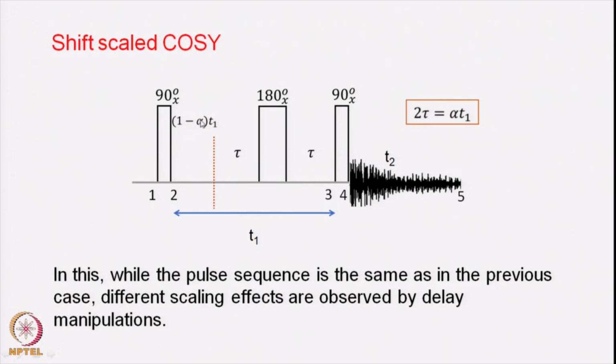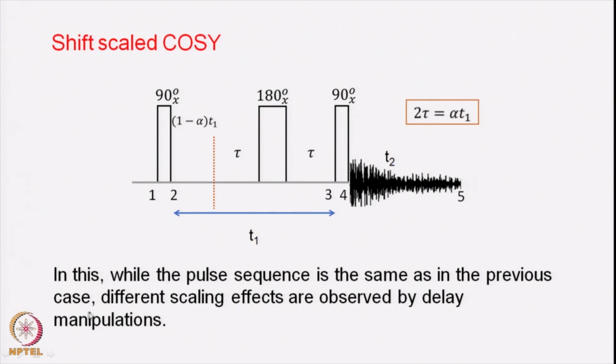Therefore, the chemical shifts will now evolve only for this period from here to here, and that is T1 minus alpha T1, that is 1 minus alpha into T1, and the coupling constants will evolve for the whole period T1, whereas the chemical shifts will evolve for the period 1 minus alpha T1. Okay. So, the pulse sequence is the same. We have just played around with the timing, how you adjust the timings of the various pulses.